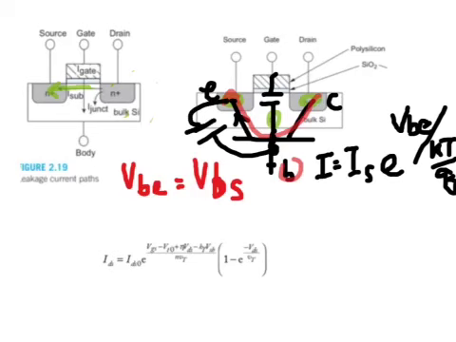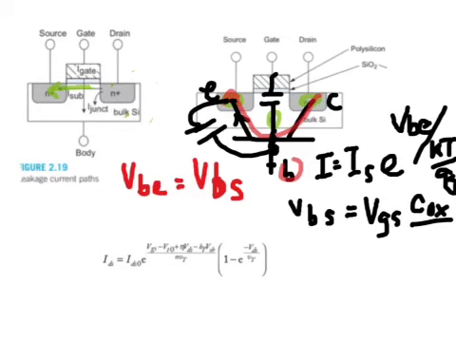And so VBS is actually equal to VGS with the capacitive divider, the oxide capacitance plus the junction capacitance at the source. And the junction capacitance at the source, as we'll see in a later lecture, arises from the reverse bias PN junction here in the source.